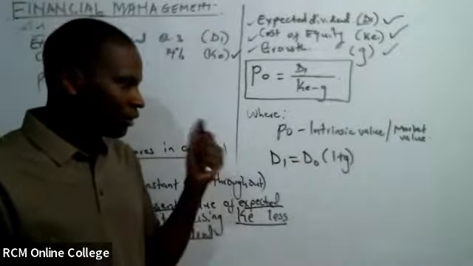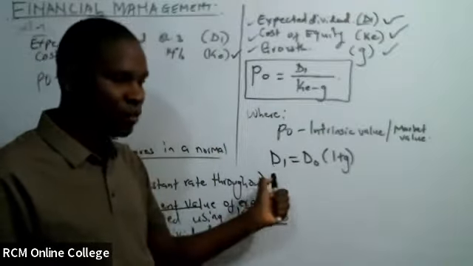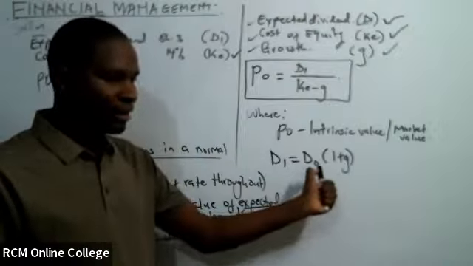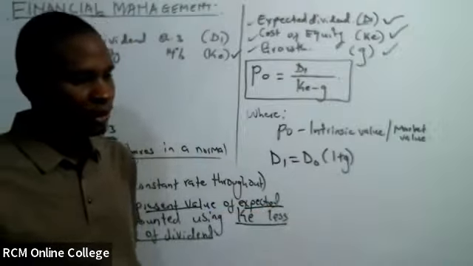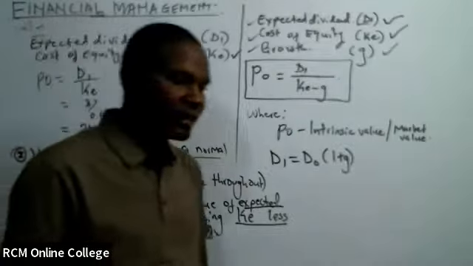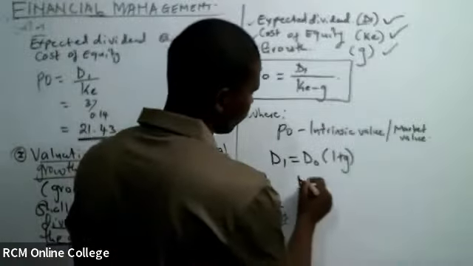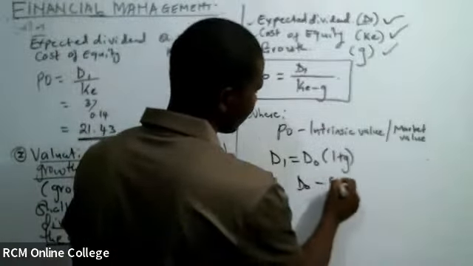So this one represents D1. Now, what is our D0? It is the current dividend. So our D0 is the current dividend.